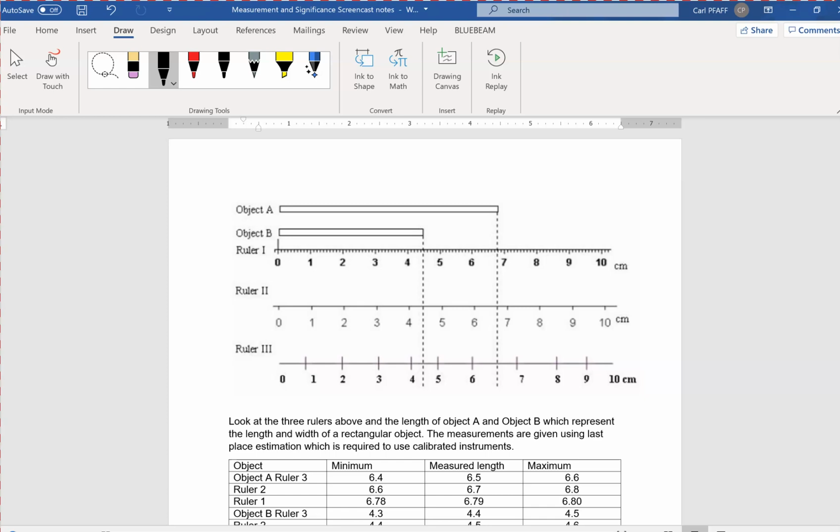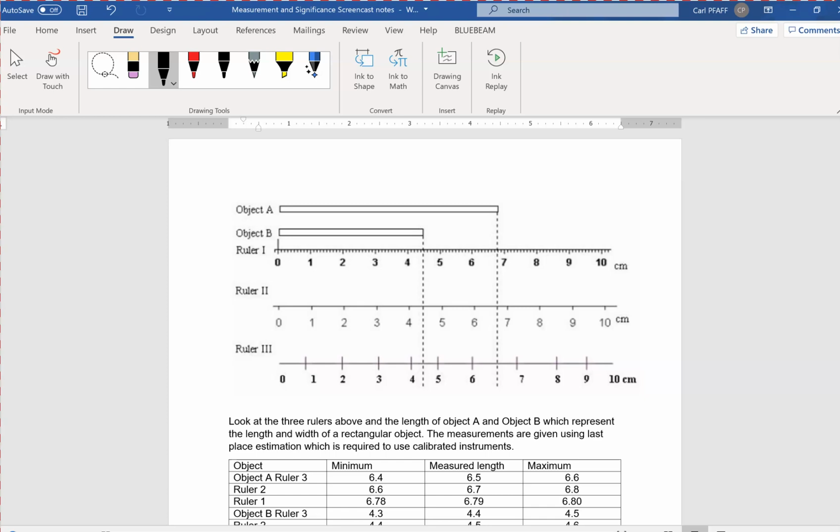So I might say 6.79, you might say 6.78. Neither one of us wrong. Somebody else might say 6.77. Even if somebody said 6.80, I might be able to say, well, you can see it's obviously not quite at that point, but even they wouldn't be wrong. It would just be their estimation.